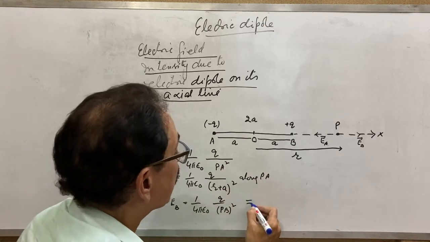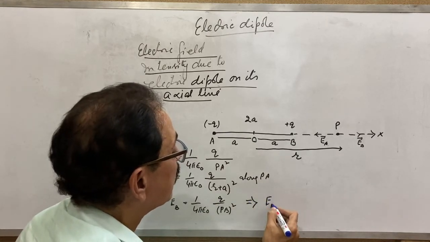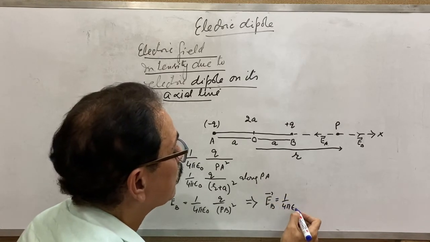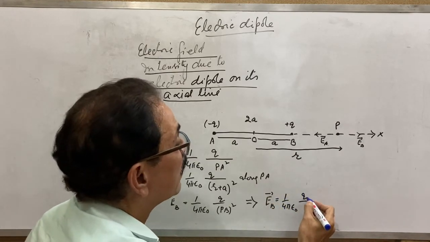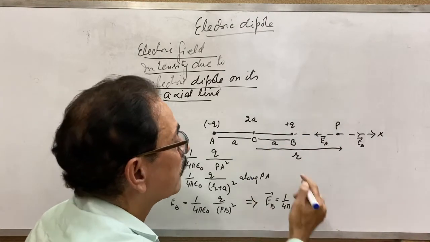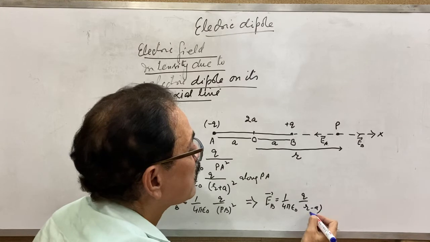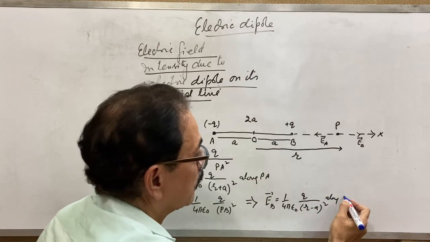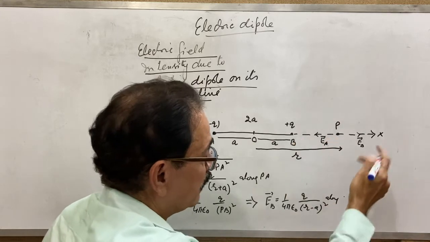From this, I will write it as EB is equal to 1/4 pi epsilon naught Q upon PB, the distance from here to here, which is R minus A, R minus A whole square, along BP.